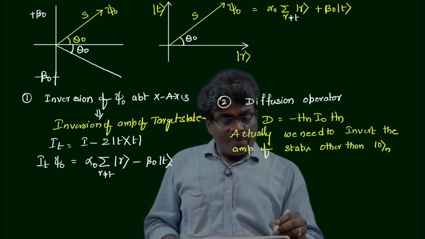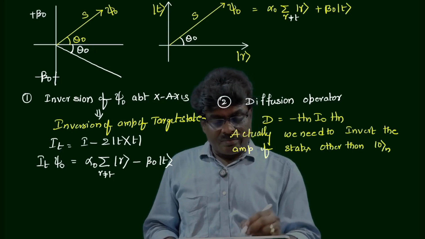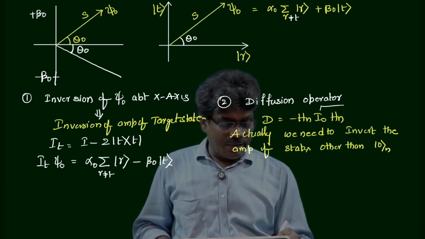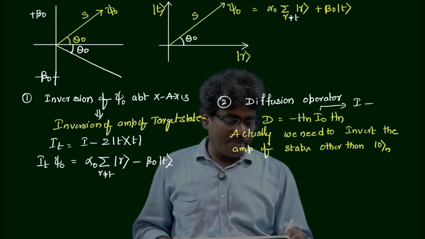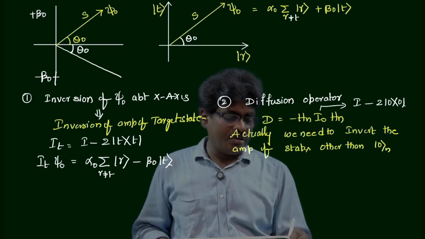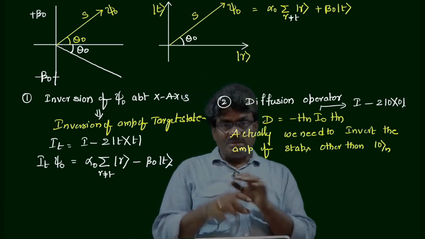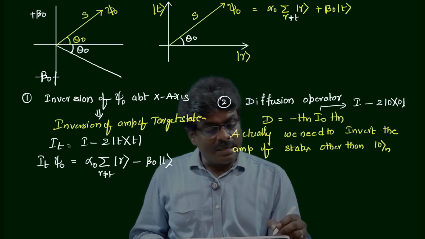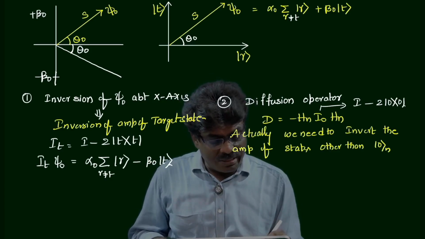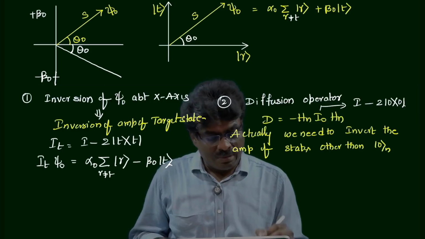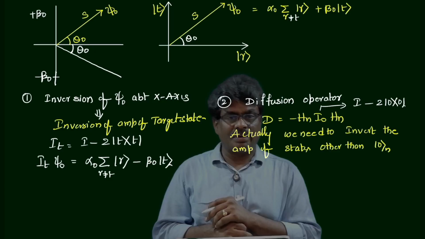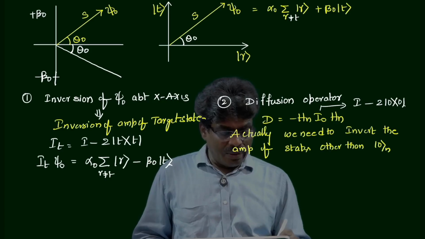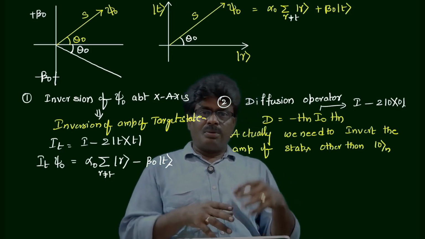But here we are using the operator I_0, which is nothing but I minus 2 times the outer product of 0. So this will invert the amplitude of the 0 state. That's why, to correct it algebraically, we are using this negative sign.